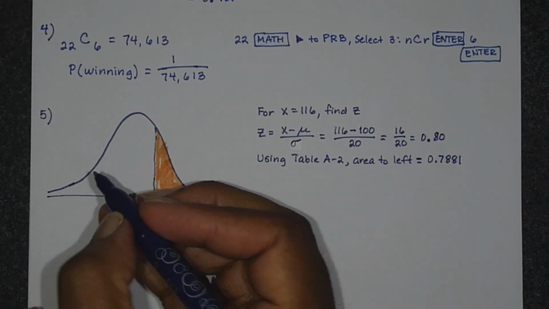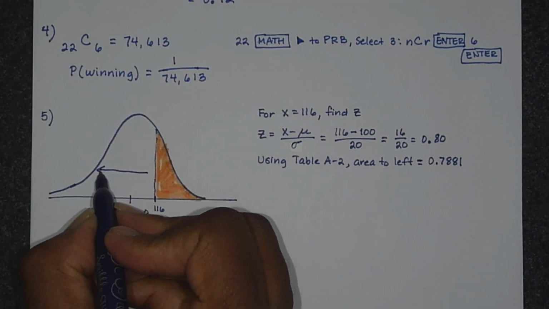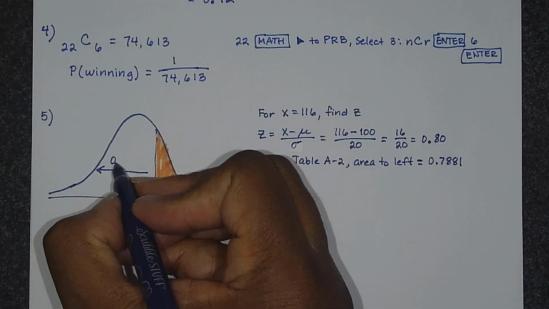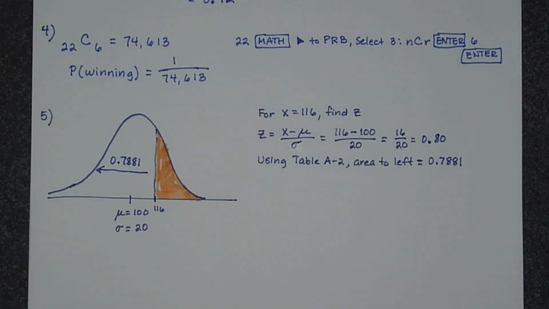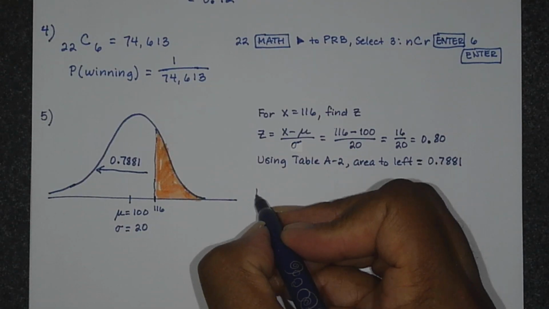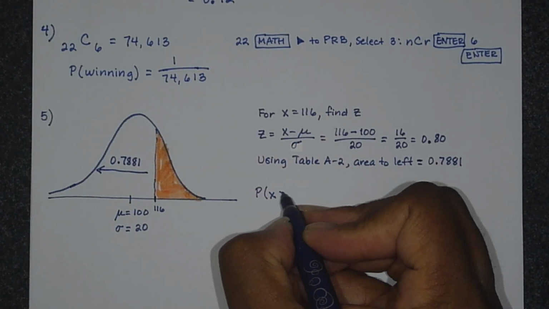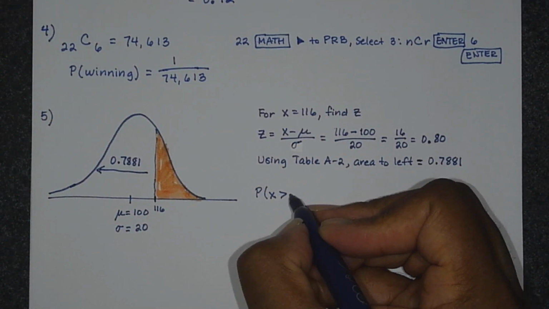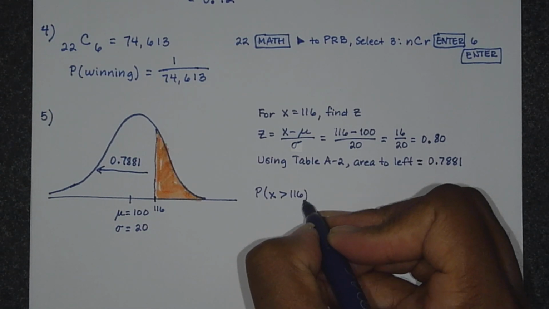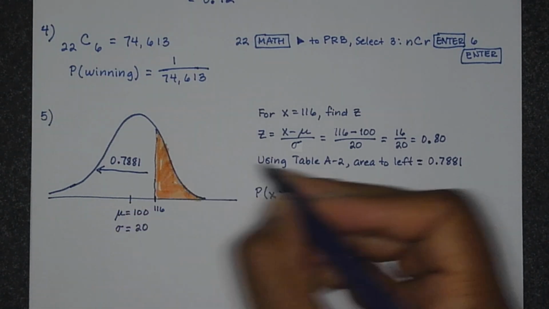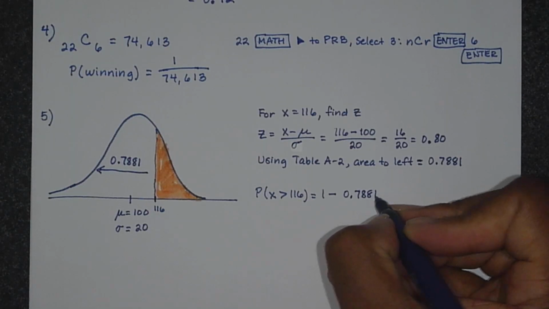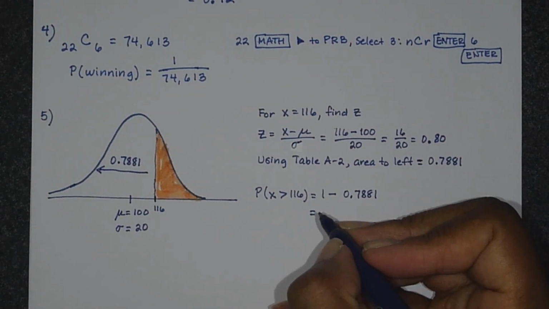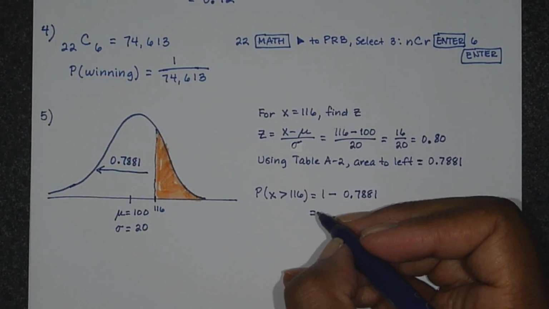However, I want the area to the right of that. That's that shaded area. So when we're finding the probability that x is greater than 116, we have to do 1 minus this area to the left, which is 0.7881. And what is 1 minus 0.7881?